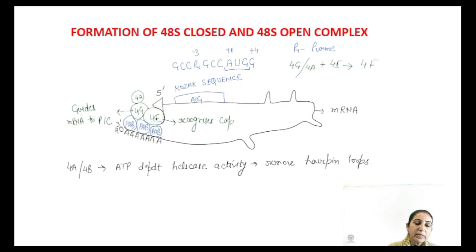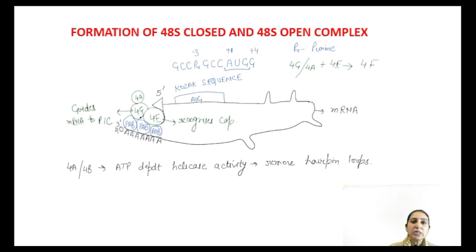All three of these have different functions. The function of 4E is that it gets the mRNA molecule folded upon itself, because it's binding with the cap on one side and PAB, or poly A binding proteins, on the other side.